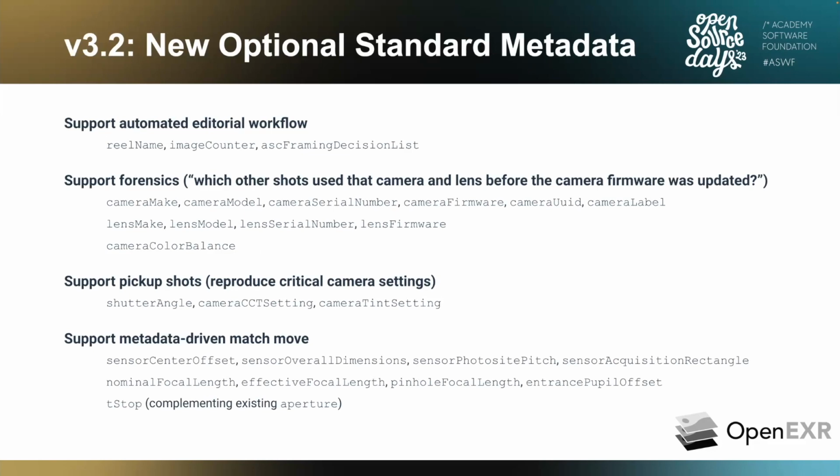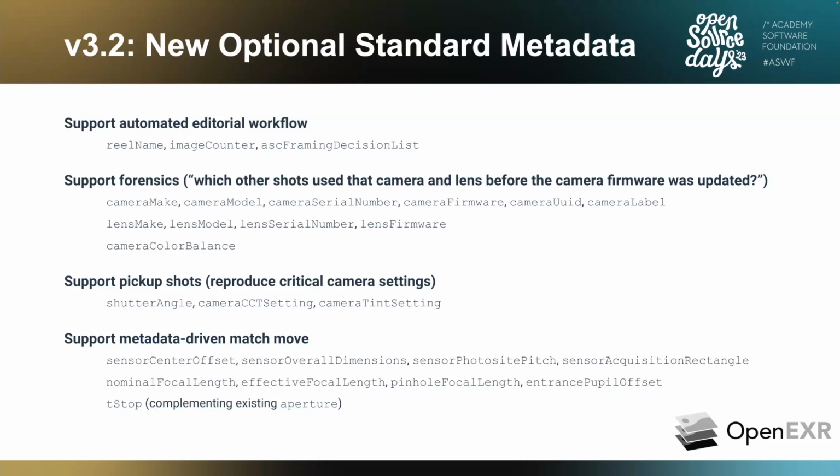It is almost all in support of better compatibility with, or better emulation of, physical cameras. So automated editorial workflow, there are some new attributes there. Forensics: if you find out that there was an issue with a particular camera firmware, for example, you want something that can help you isolate which other shots might have had that issue.